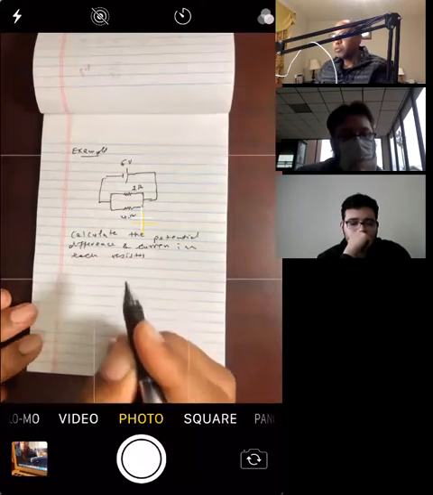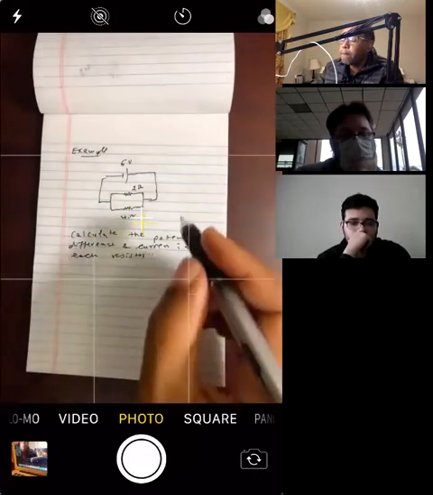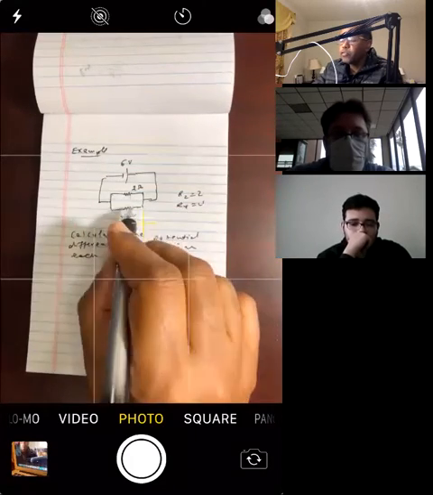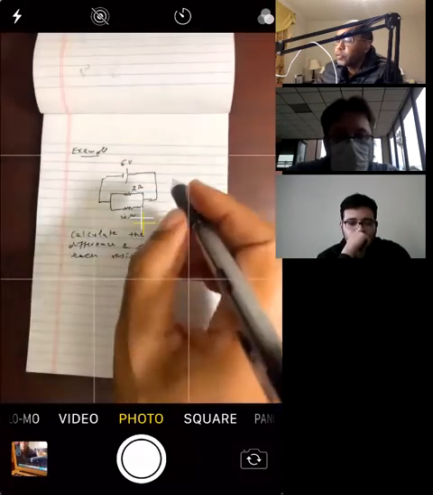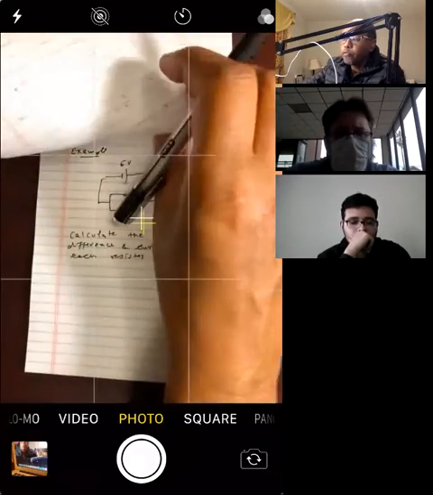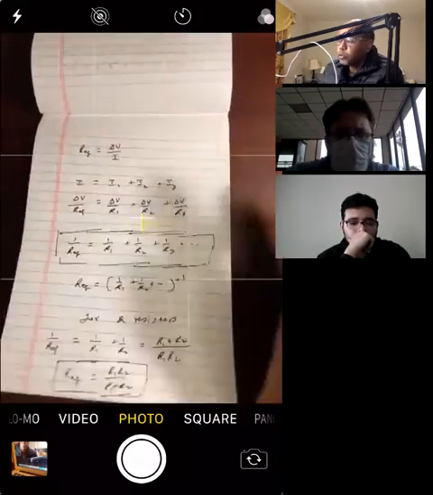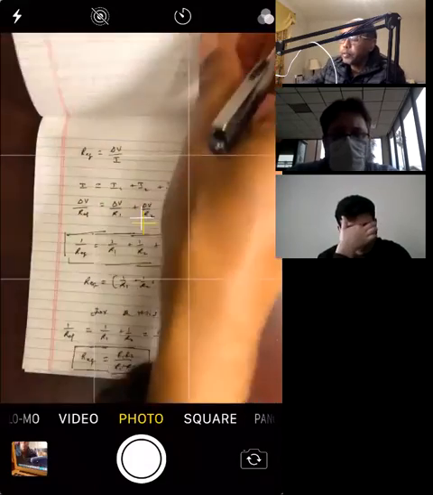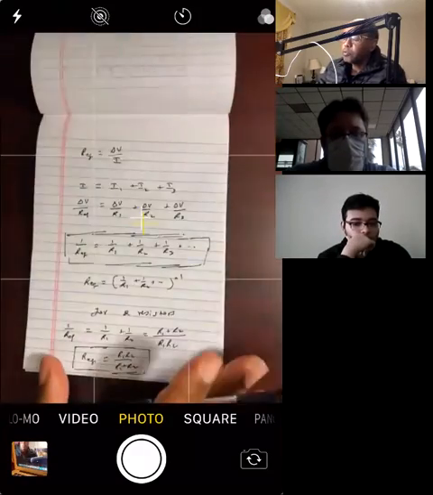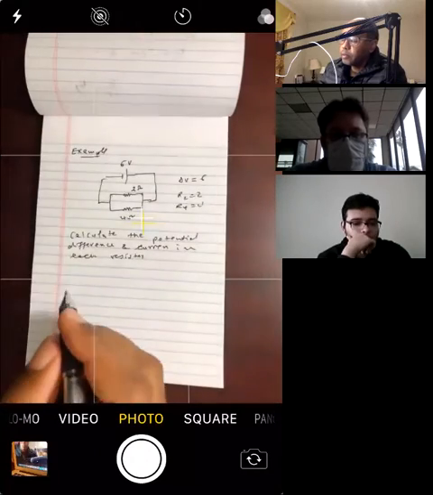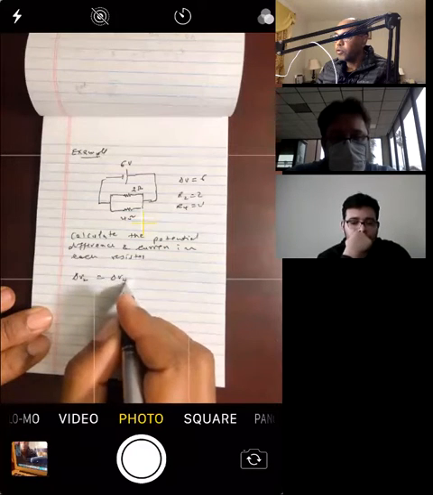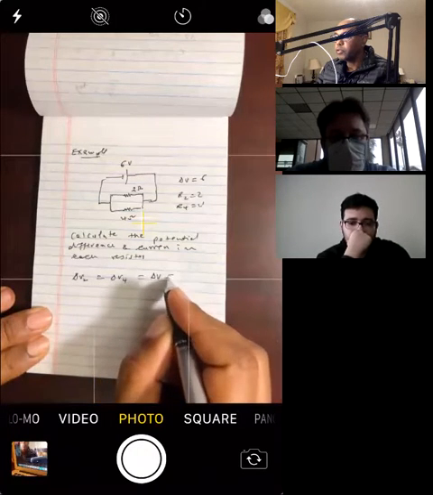Now, can you tell me what the potential differences are? What are the potential differences across the 2 ohm and 4 ohm resistors? For a parallel combination, all the potential differences are equal, right? So we'll just say delta V2 and delta V4 equal the total potential difference, which is 6 volts.